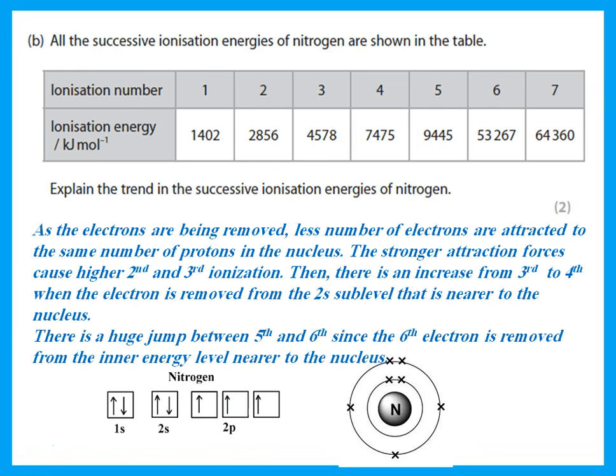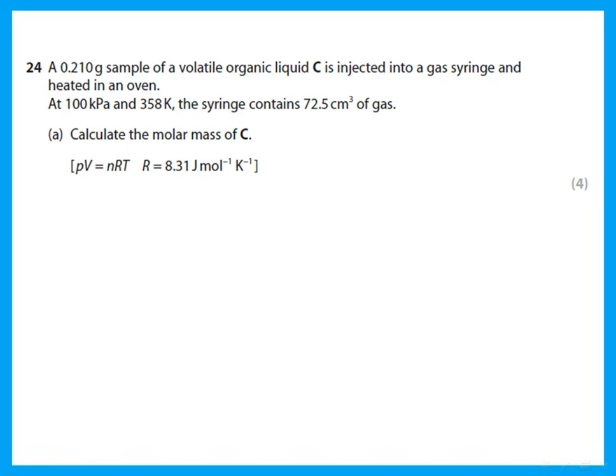This is because when we have removed the first 5 electrons, that means we have removed all the electrons in that outermost energy level. I am entering into the first energy level, which is inside, closer to the nucleus, more strongly held with stronger attraction forces. So there is a huge jump in the ionization energy from the fifth to the sixth.